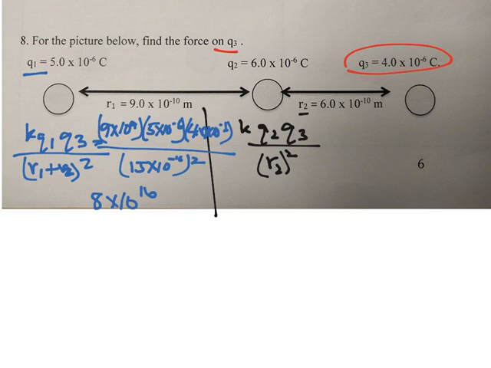Alright, then do this one, which is, again, 9 times 10 to the 9th, that's a 9. Sorry about that.